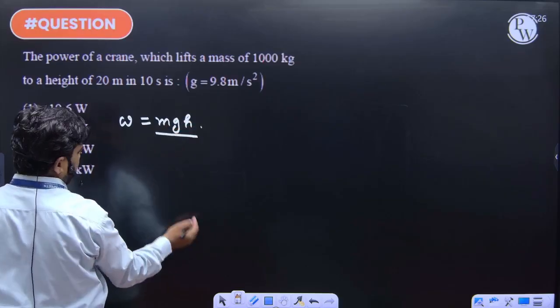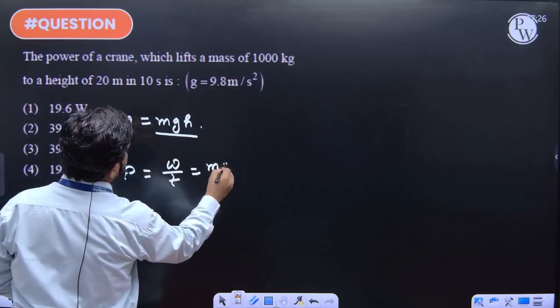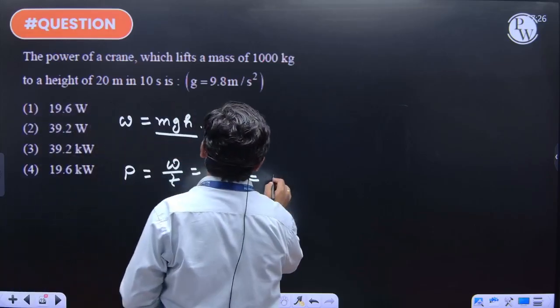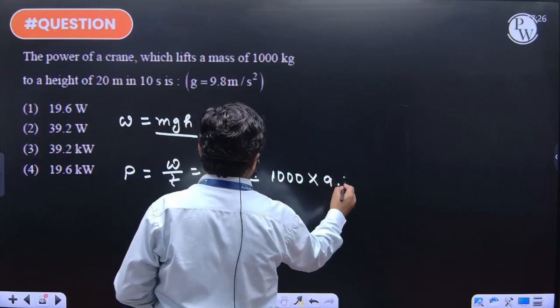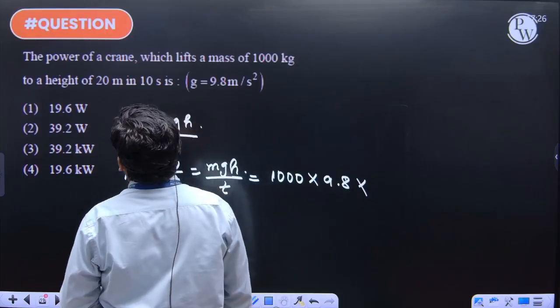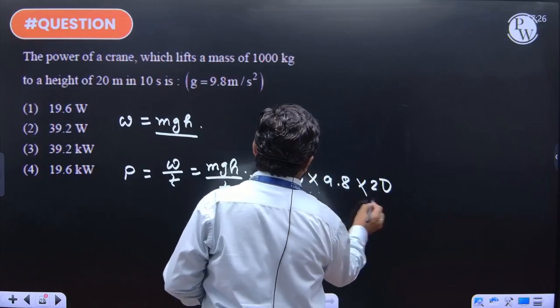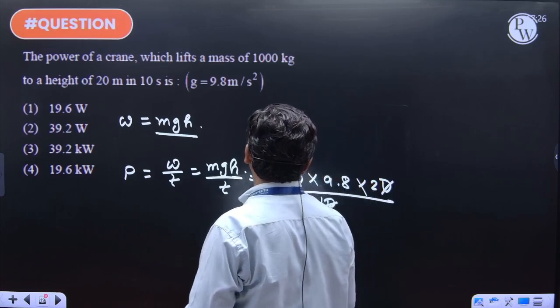So power is work done by time. What we can write? mgh divided by t. How much mass is it? 1000 kg. Let us take the value of g as 9.8. To a height of 20 meter in 10 seconds. So this 10 will cancel out.